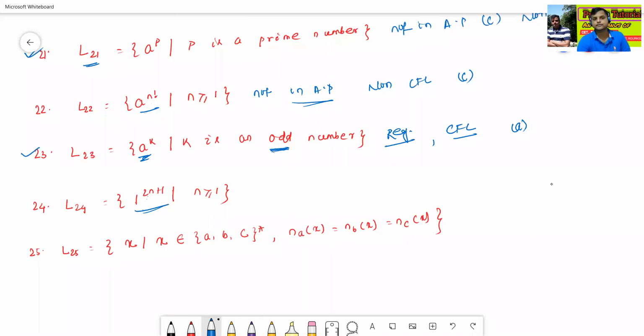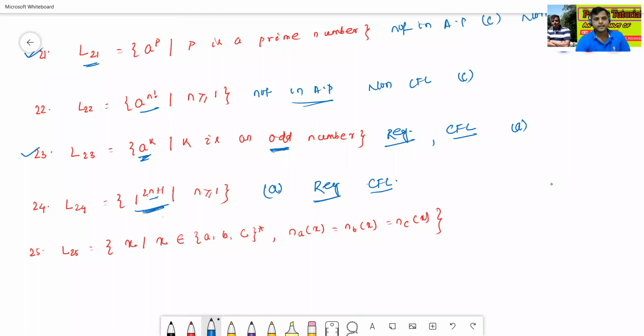This language is also regular. How is it regular? Just see my previous lectures on the identification of regular languages. 1 to the power 2n plus 1 is in arithmetic progression form, so this language is regular, as well as context-free.